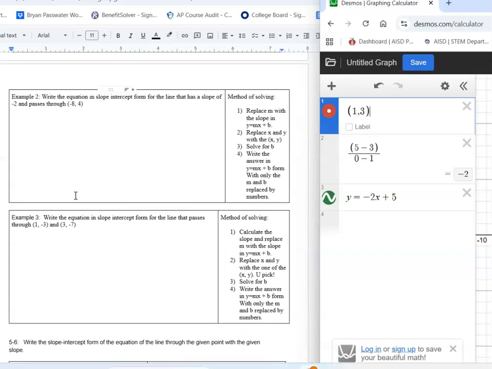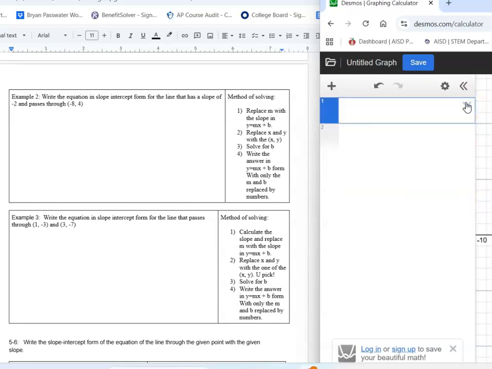All right. Next up, write an equation given a slope and a point. So here are 2 other ways to use slope-intercept form. These are not the only ways to do this type of problem. I'm teaching you 2 or 3 different ways, and here's the first way. Okay, so write an equation in slope-intercept form for the line that has a slope of -2 and passes through -8, 4.